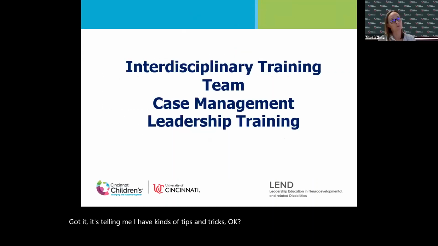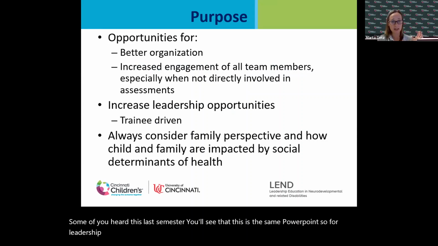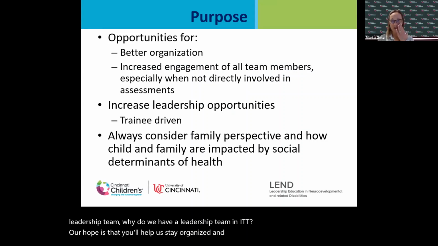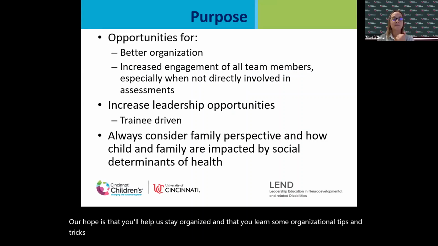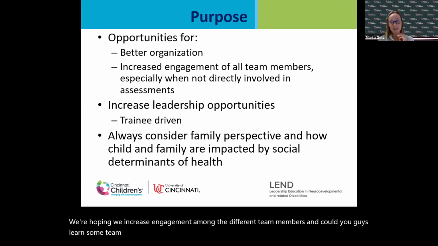Okay, so some of you heard this last semester. You'll see that this is the same PowerPoint. So for leadership team, why do we have a leadership team in ITT? Our hope is that you all help us stay organized and that you learn some organizational tips and tricks as well. We're hoping that we increase engagement among the different team members, you learn some team skills, and increase leadership opportunities.